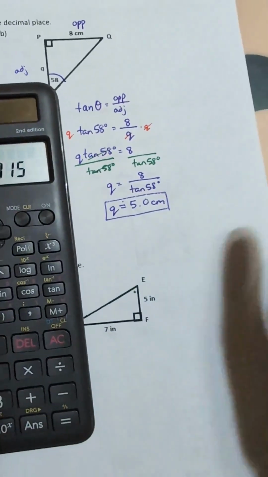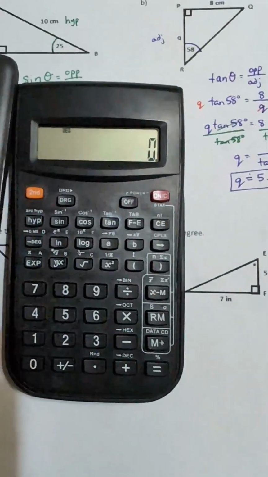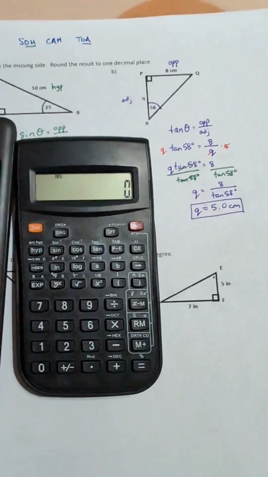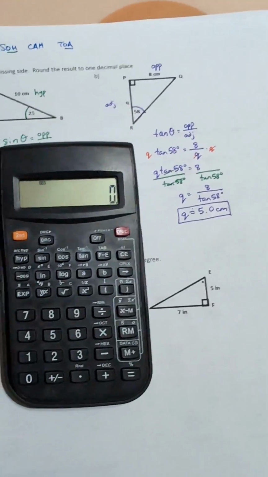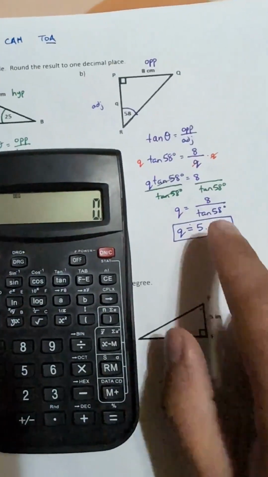Now, if you are using a one-line calculator, which again, I highly suggest, spend the $15 and get a two-line calculator, because that's generally all these cost.